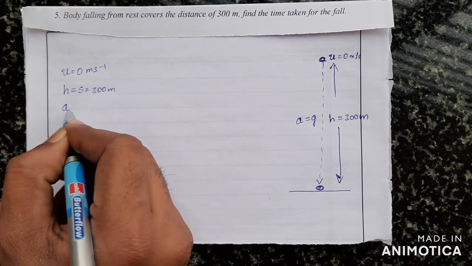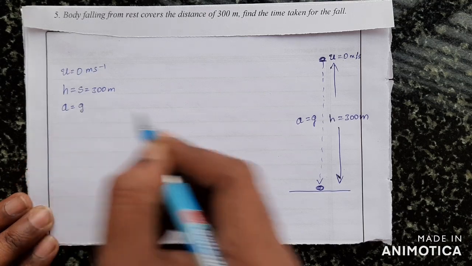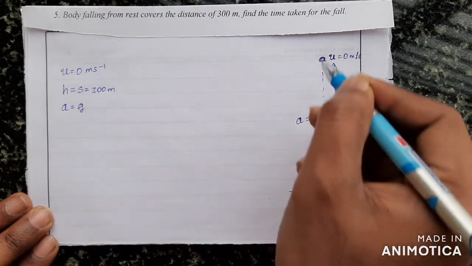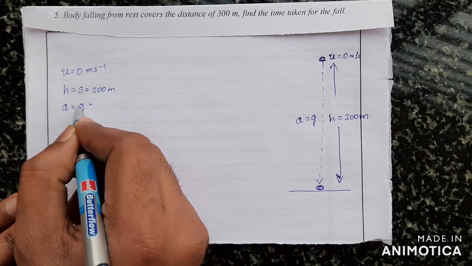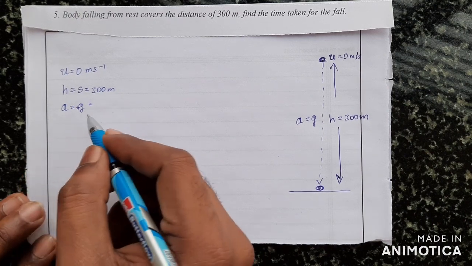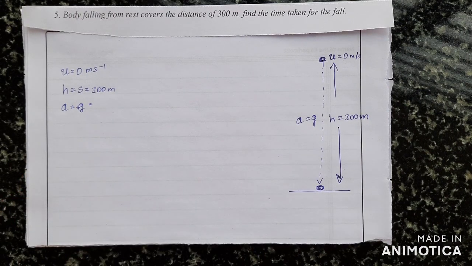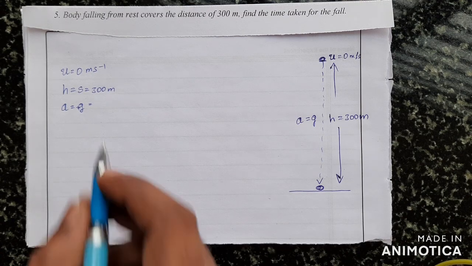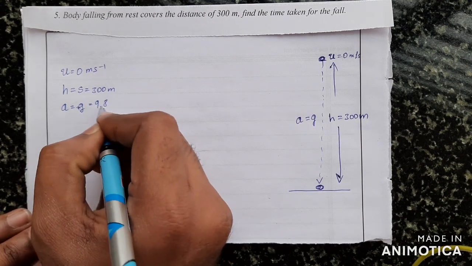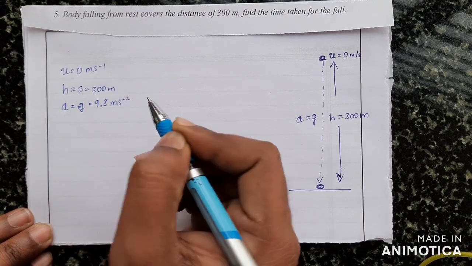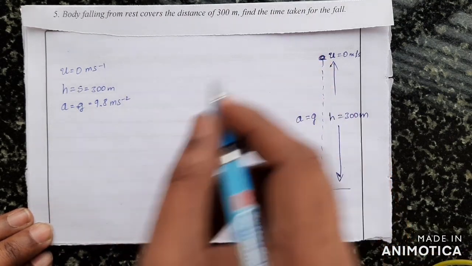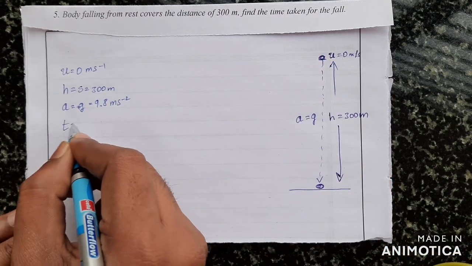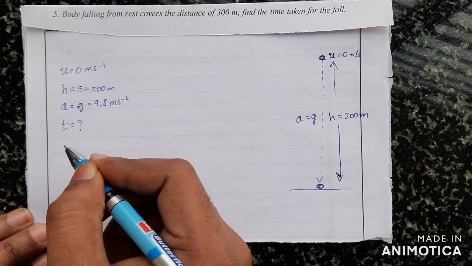And acceleration, yes, that is also given, equal to plus g, because it is falling down. Acceleration due to gravity is 9.8 meters per second squared. What we need to find is the time taken for the fall, t.